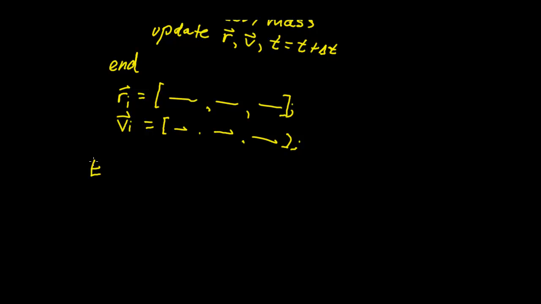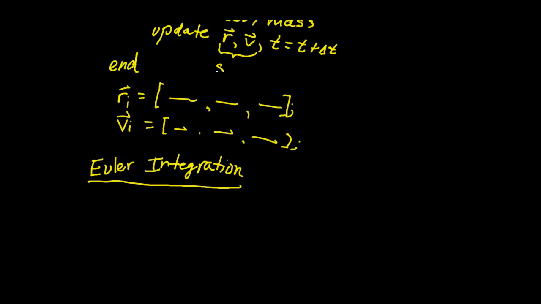There was this famous mathematician a long time ago named Leonhard Euler, and he was a very, very smart guy, and he came up with this method that you could approximate these differential equations if you just incremented them slowly, one step at a time. So some small time step, compute the new forces, update all the state information. This stuff is frequently called the state, and sometimes called the state vector.